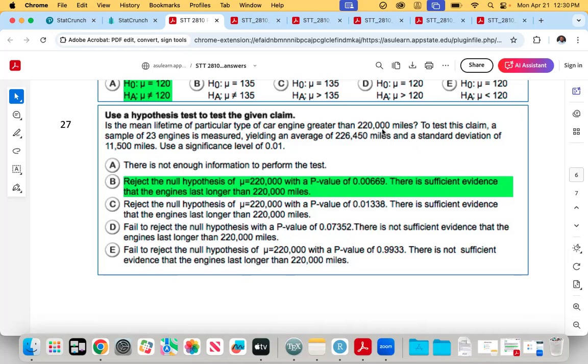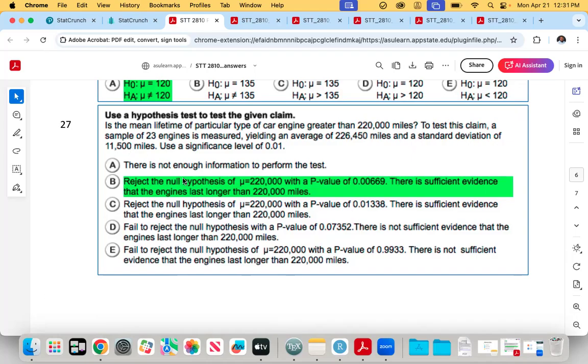Here it's easier to see that the alternative hypothesis is very clear. Is that okay? So mu greater than 220,000. Now to test this claim, a sample of 23 engines is measured, and then an average of 226,450 miles. So this is the sample mean. You're also given the sample standard deviation.